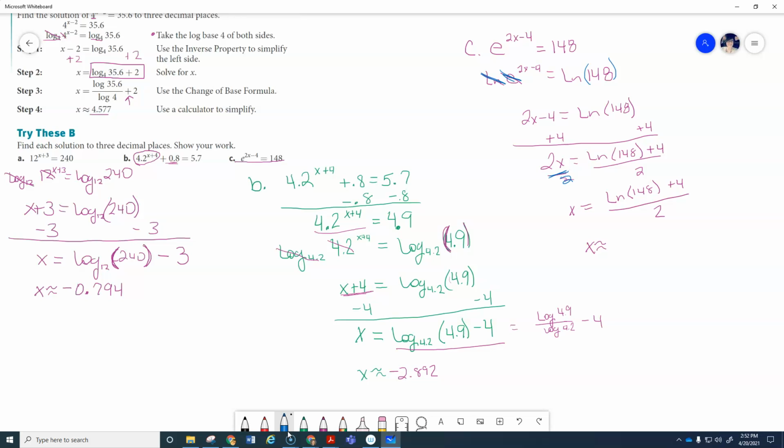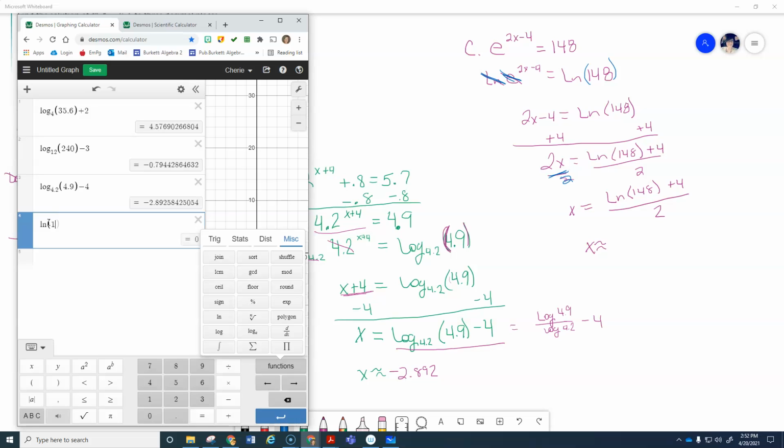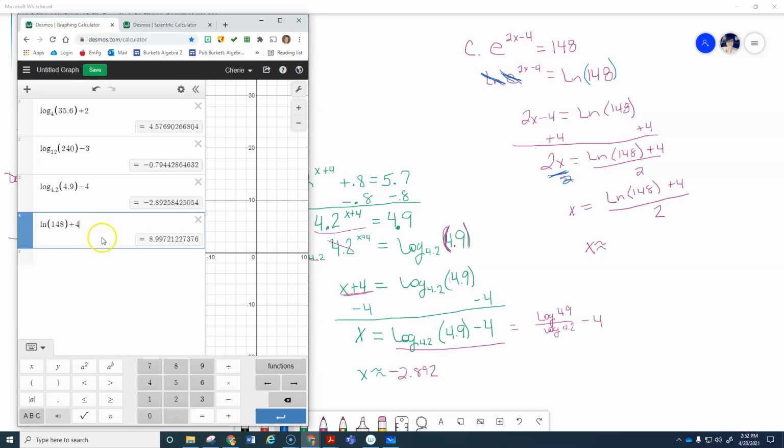And then I'm going to go to the calculator, and I'm going to type in natural log. And you can go to the functions and select the natural log, but it's super easy to just type in natural log like that. So natural log parentheses 148. I'm going to have to put parentheses around this so I can get parentheses, there we go.